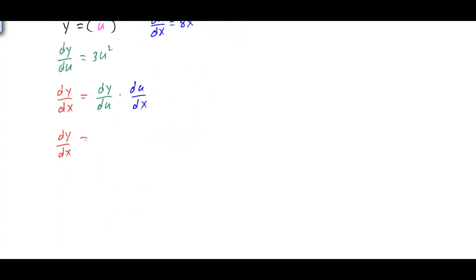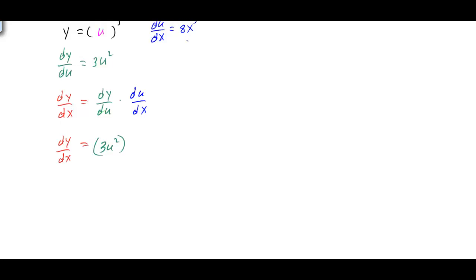And again, notice here, essentially what's happening is the du's here are going to cancel out, and we would have our dy dx. So dy du is 3u squared, and du dx is our 8x cubed.